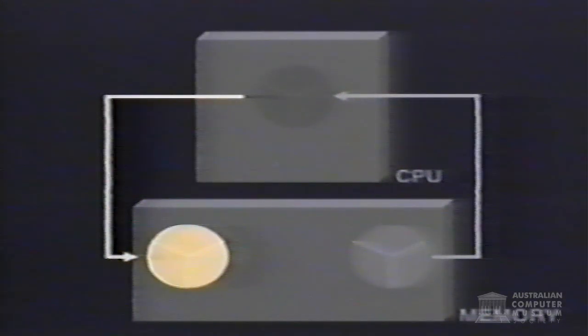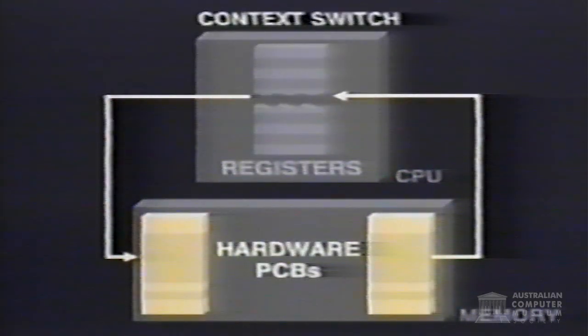The scheduler interrupts the execution of a process when it determines a new process should take control of the CPU. To accomplish this, the scheduler performs a context switch. A context switch is simply an exchange of the hardware context of two processes. The hardware PCB is the data structure which represents the hardware context of a process.